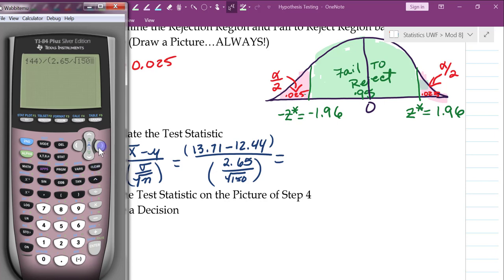Come out from underneath the radical, close that parentheses, hit enter. And so our test statistic is 5.87.